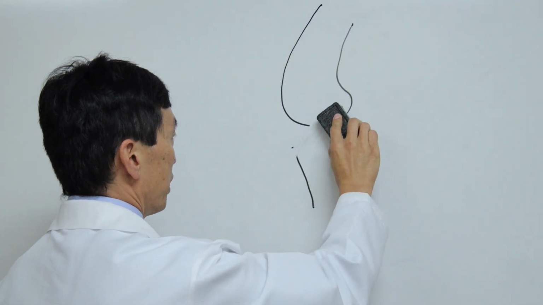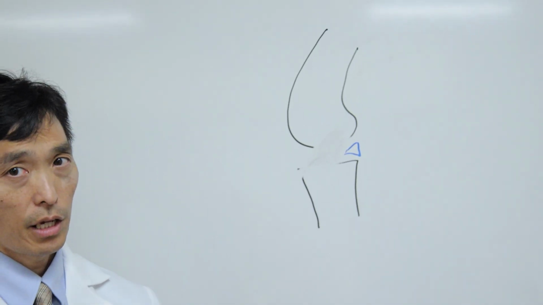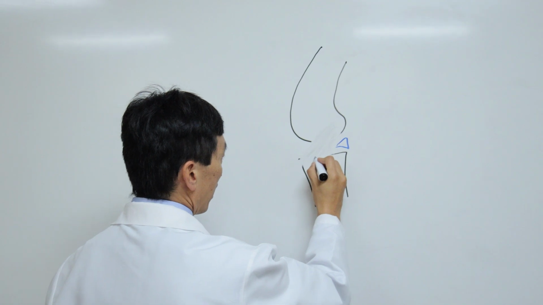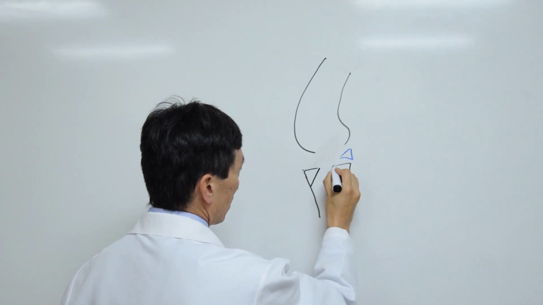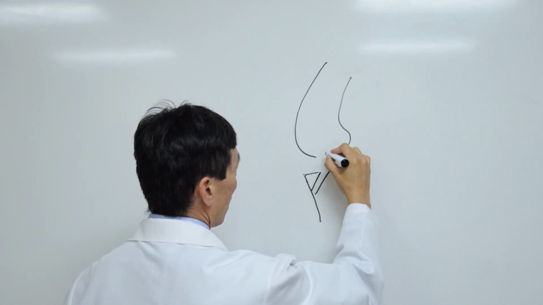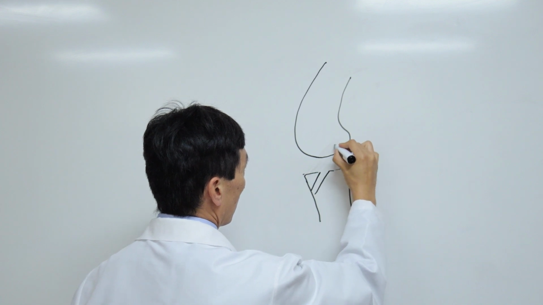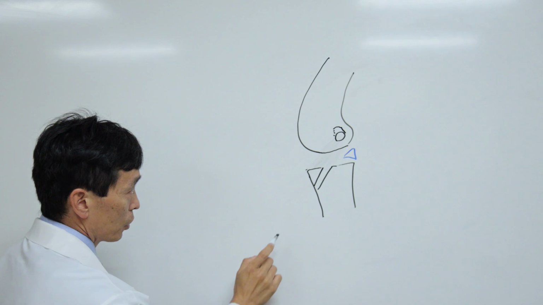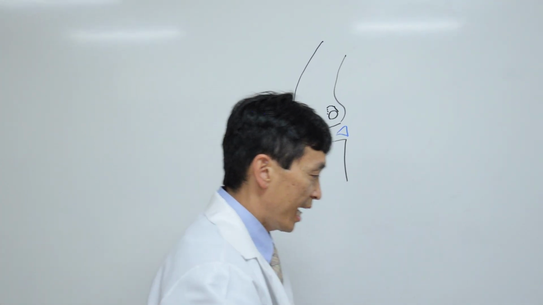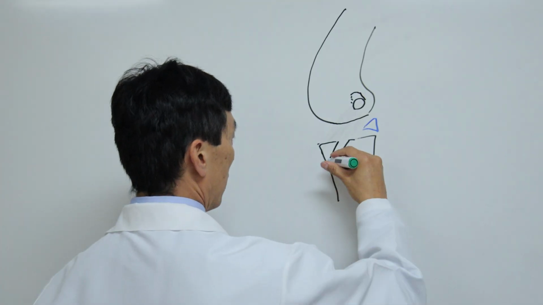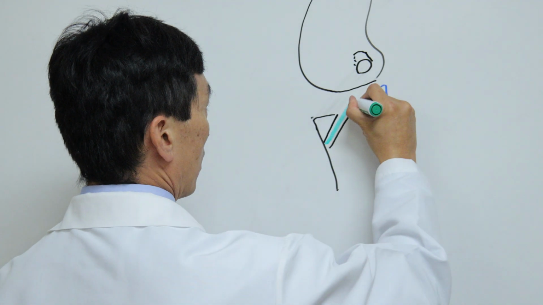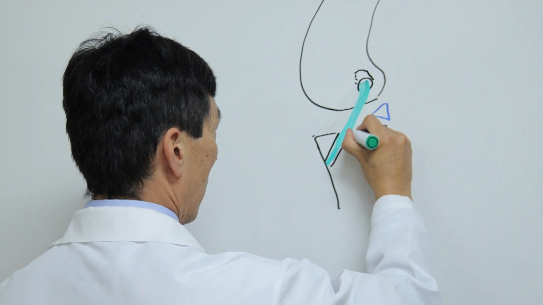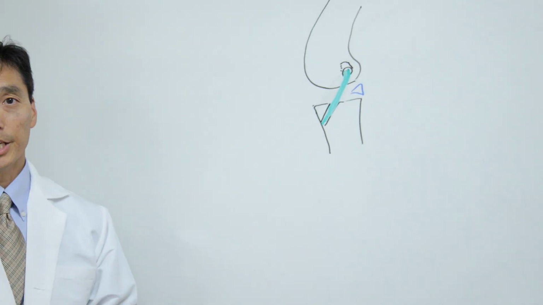And the way we would do this is we would take hamstring tendons and drill tunnels so that we could bring in the ACL graft here into the knee.